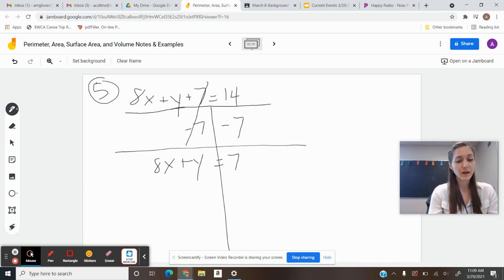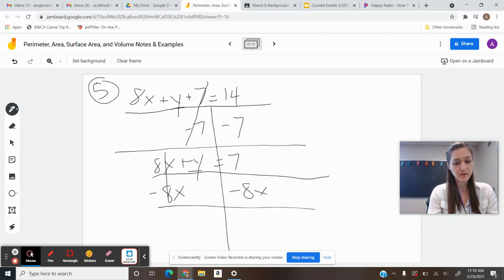All right, I need to get this y by itself, but this 8x is kind of in the way, so I'm going to do the opposite of adding 8x, and I'm going to minus 8x. 8x minus 8x is just 0, so that's why those cancel out. But if I do it to this side, I have to do it to this side to make sure the equation stays balanced. So I have y equals 7 minus 8x.